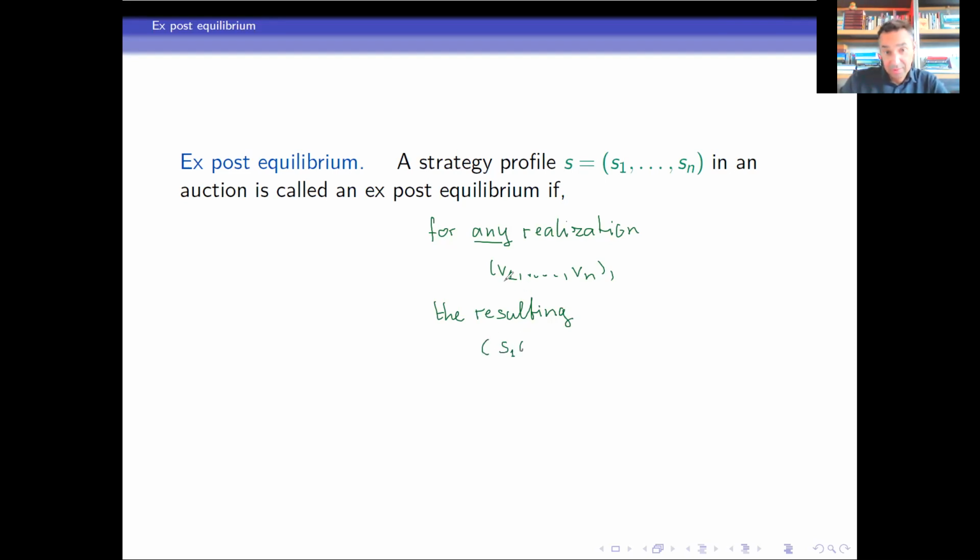So if bidder 1 has a valuation function of v1, then you can use the strategy that he is using to then compute his reported valuation function. And you can also do that for all the other agents.